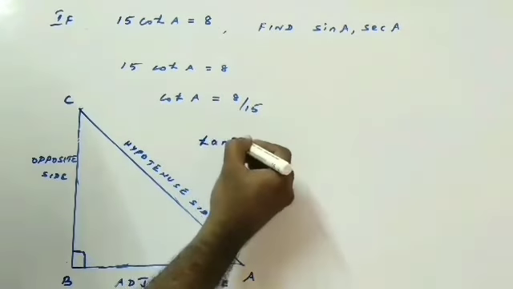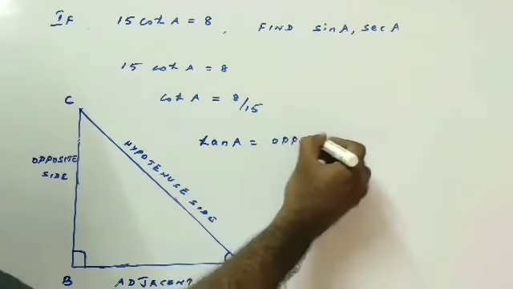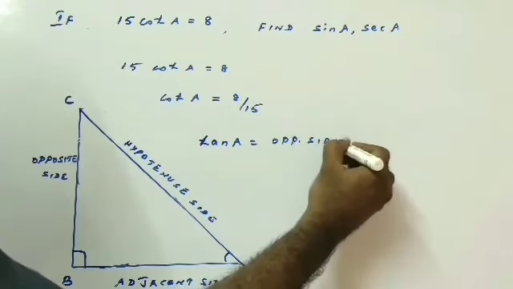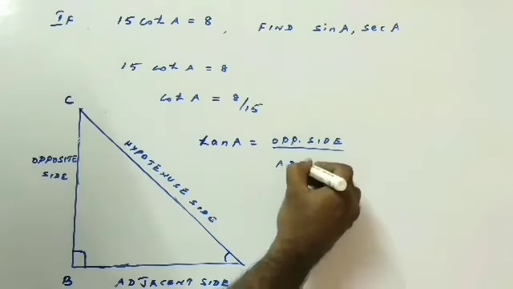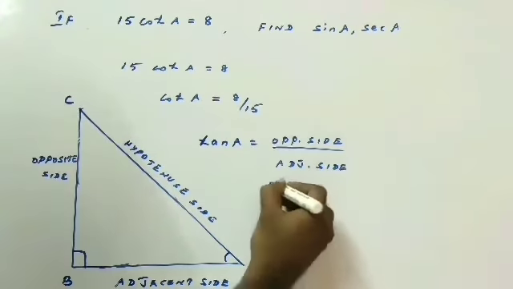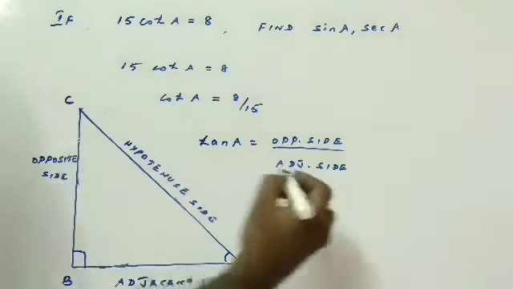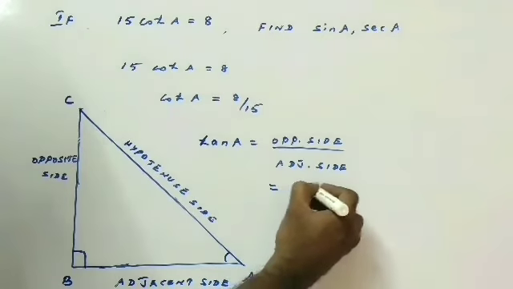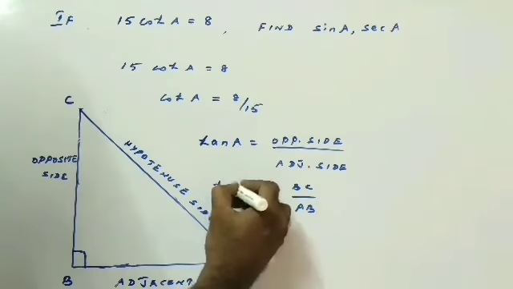Tan theta, instead of theta I am going to put tan A, that is opposite side by adjacent side. Here opposite side is BC, adjacent side is AB. This is tan A value.